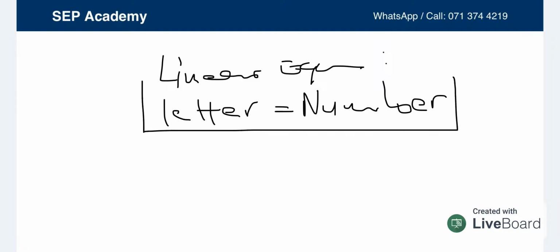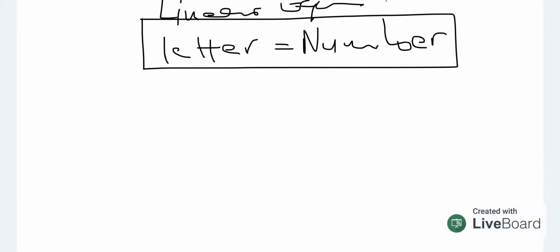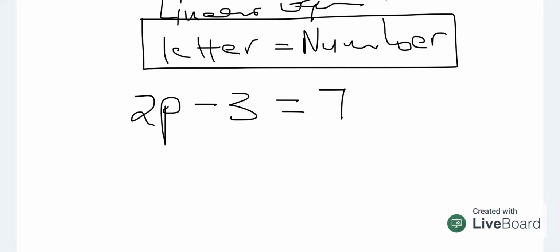This is the format of your final answer for a linear equation. So that means whatever that you do, you must just make sure that the letters are on the left and the numbers are on the right. That's all that you need to do. So let's see, if you have 2p, let's say minus 3, and this is equals to okay, let's say 7.